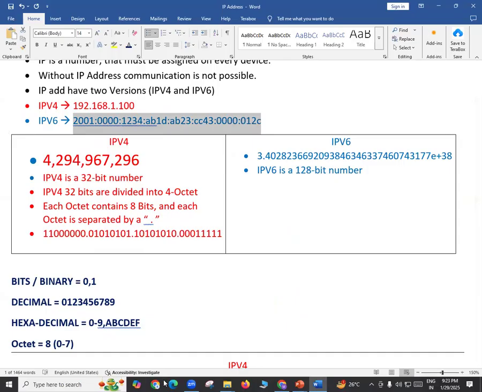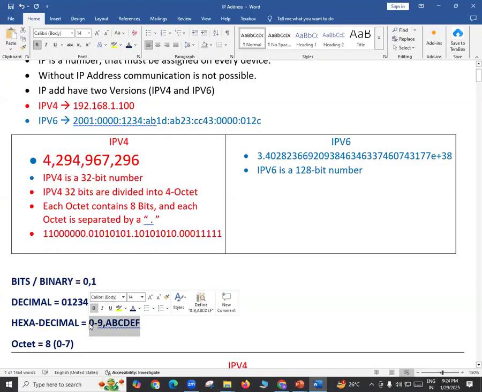So what we have here is our hexadecimal format. Got it? So an IP address can be there in decimal form or in hexadecimal form. So decimal is your IP version 4 and hexadecimal is your IP version 6.